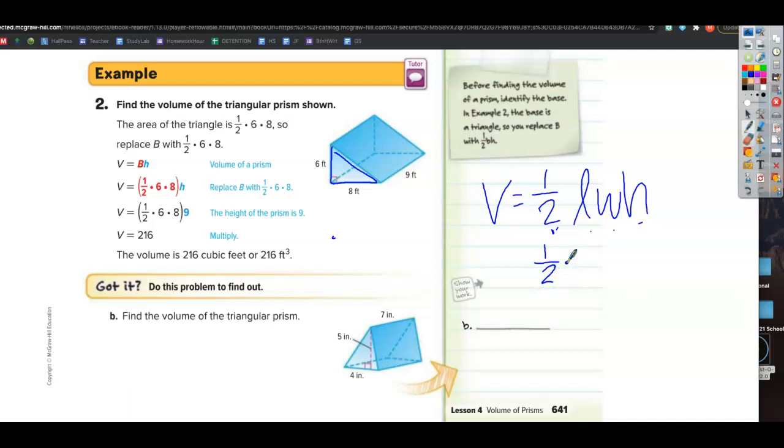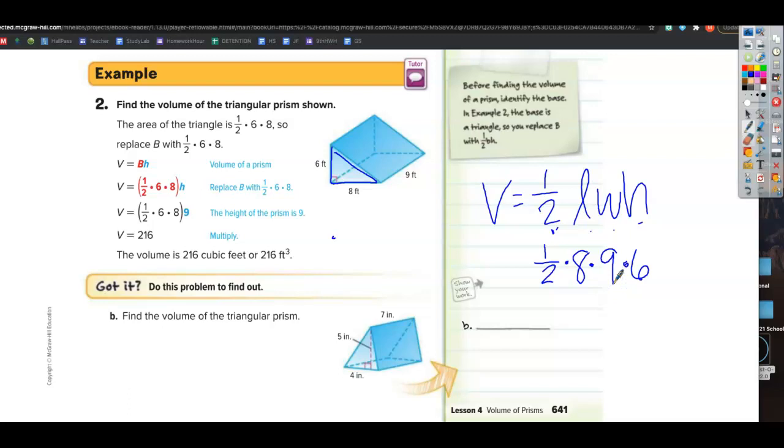My length, width, and height. Yep. Length and width. Perfect. So then we would have this.